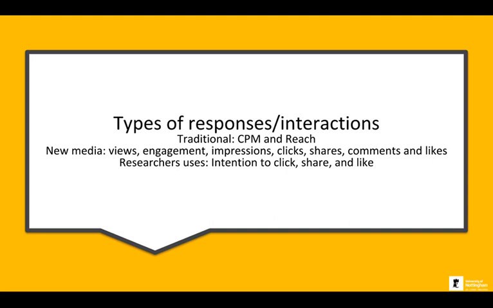Because in the same way that social media lets the receiver send a message back, it lets the media channel itself monitor that message. So you can measure how long somebody's on the web page for. You can measure where their mouse moves over a web page. People produce heat maps of web pages. These are measures of engagement. You can measure the number of times somebody clicks on something on your web page.